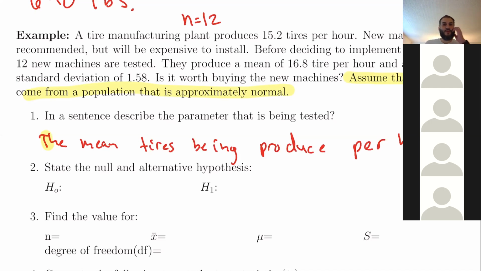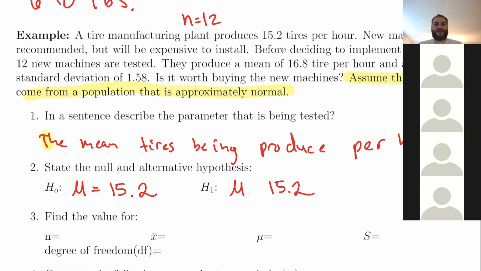So how many tires did the old machine give you per hour? It would be 15.2 per hour? Yeah, so we'll say mu is equal to 15.2, because that's what they are producing right now. So you put mu again, you put 15.2.